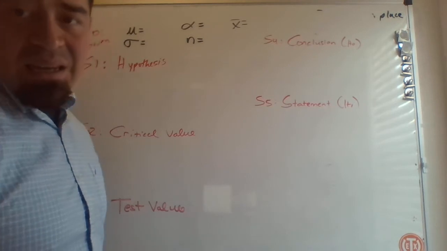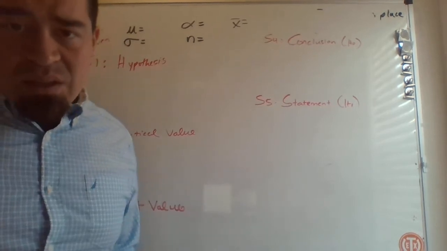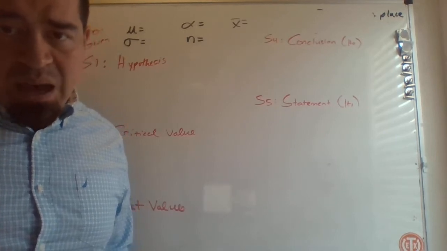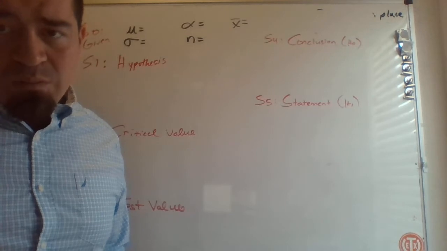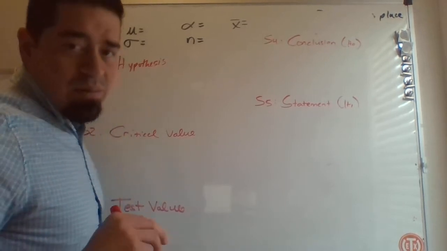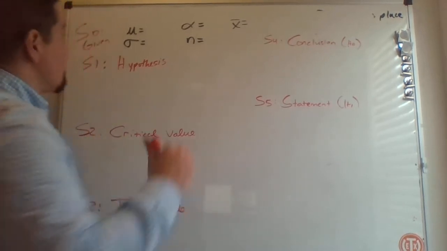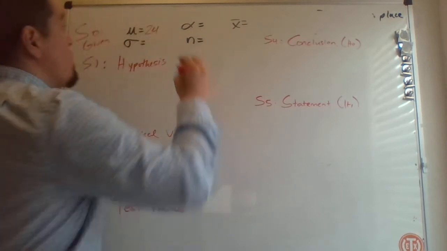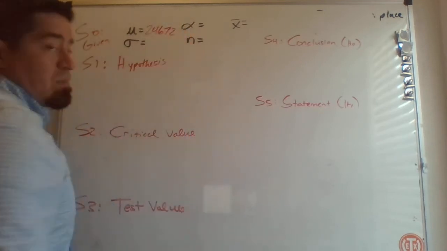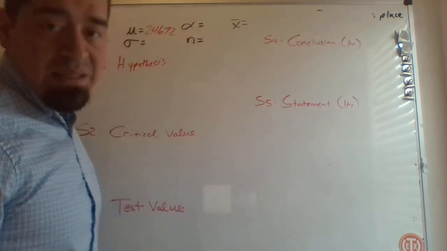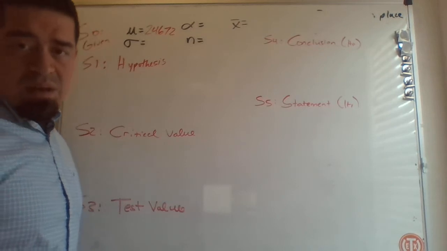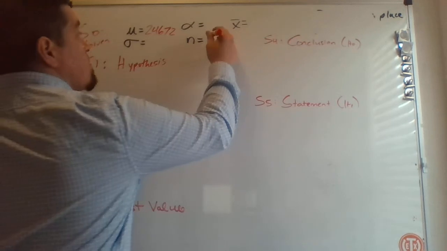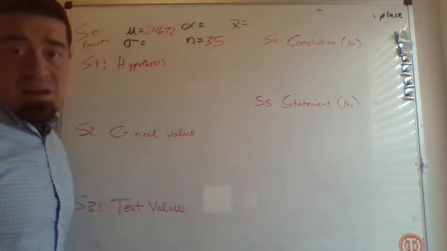So they give us 24,672 as the average cost of rehabilitation for stroke victims, as previously reported. That's going to be our population mean, from previously reported research, or our assumption, the null hypothesis. They also give us a random sample of 35 stroke victims, so that's our sample size.